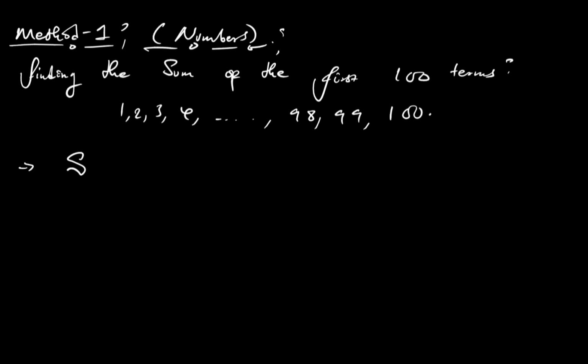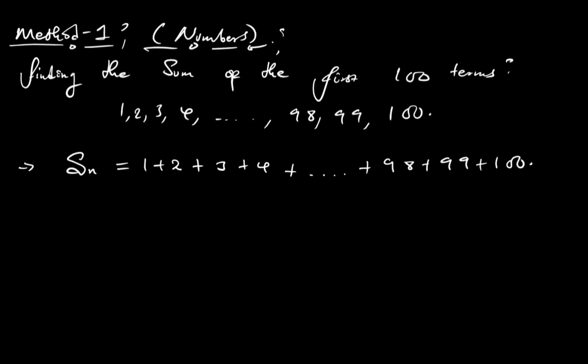So we're going to say the sum is equal to 1 plus 2 plus 3 plus 4, then plus dot dot dot, plus 98 plus 99 plus 100, like that. So this gives us the sum that we want.